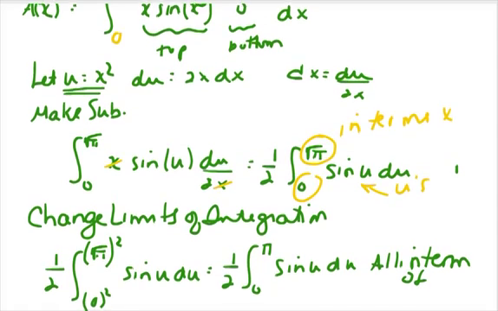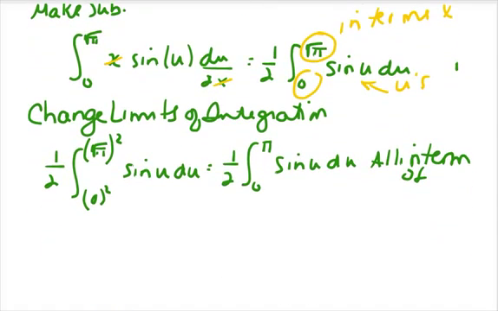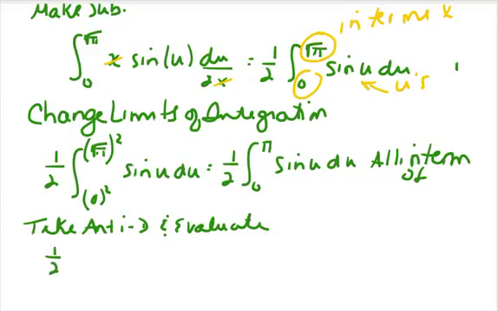This gives you a little bit more practice with definite integrals. So take the antiderivative and evaluate it. This becomes 1/2 bracket minus cosine of u evaluated between 0 and pi.